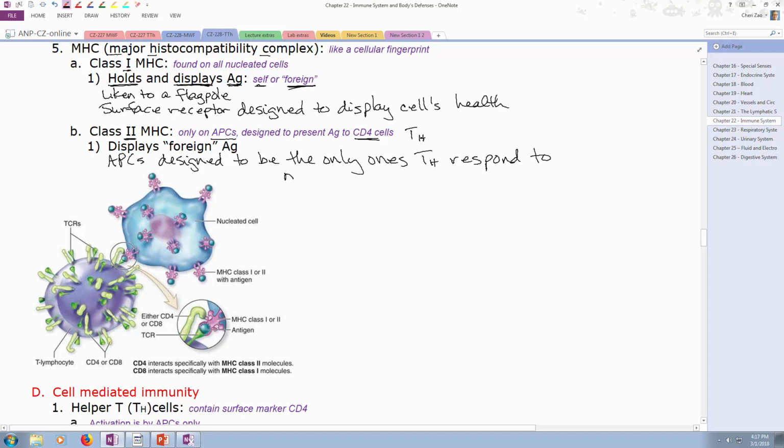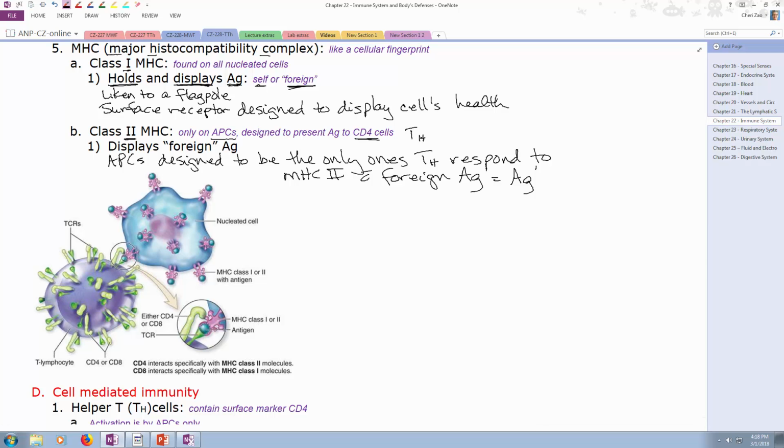And it has to be MHC2 with foreign antigen. And what I'll do to help designate foreign antigen, as I write notes here, is put AG with an apostrophe by it. Maybe that will help with designating that's a foreign antigen.